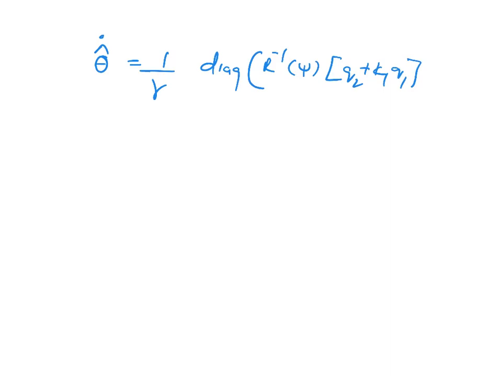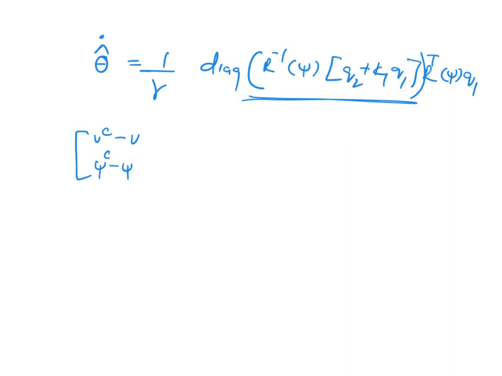Into R transpose psi into Q1. So diag is only of this term, and then R transpose Q1, and then your V commanded minus V and psi commanded minus psi is equals to this 1 over alpha V hat 0 0 1 over alpha psi hat.